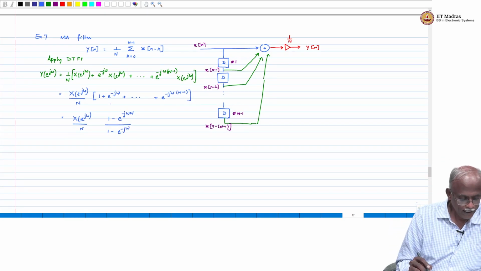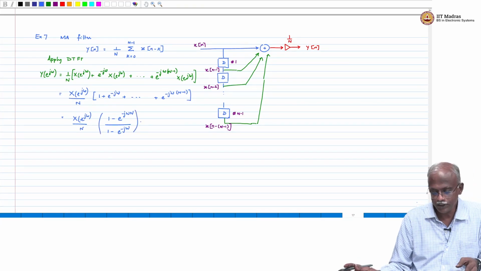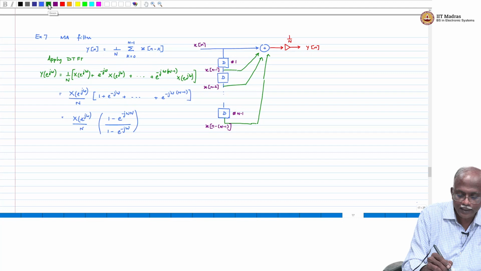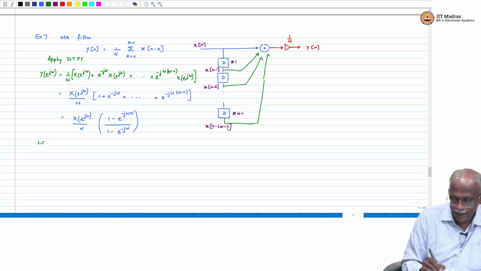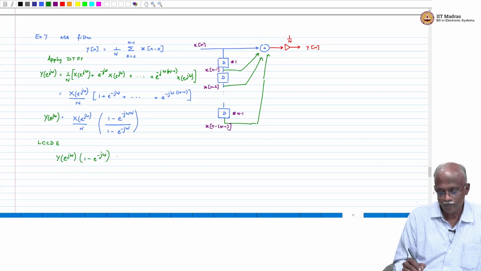Okay. And this is a very interesting result, because we can now rewrite the difference equation, LCCDE. So, I am going to write down the LCCDE in the following manner. So, this is Y e power j omega. Okay, cross multiplying, we get Y e power j omega times 1 minus e power minus j omega.